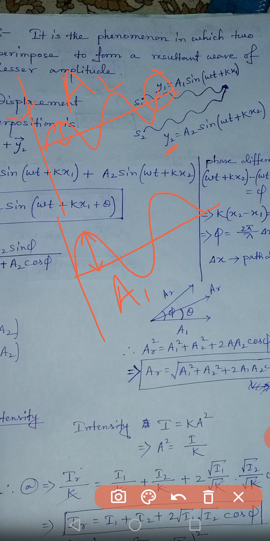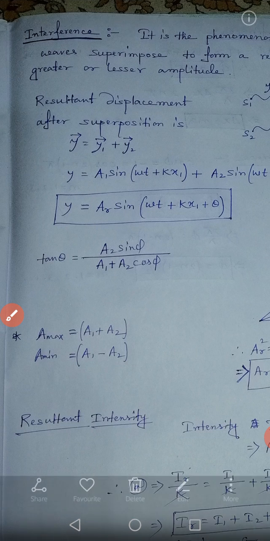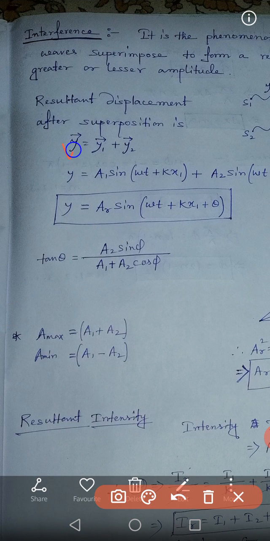When both waves superimpose or overlap with one another, the resultant displacement produced in the medium will be y, which is the vector sum of y1, the displacement produced by the first wave, and y2, the displacement produced by the second wave.